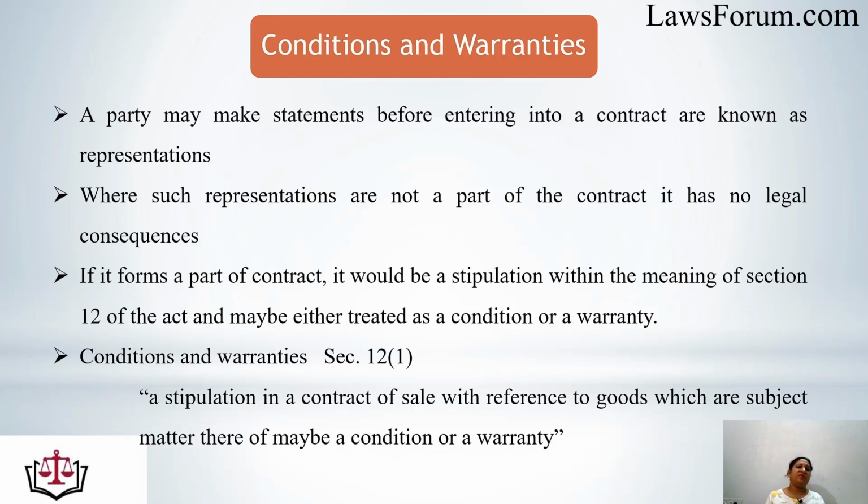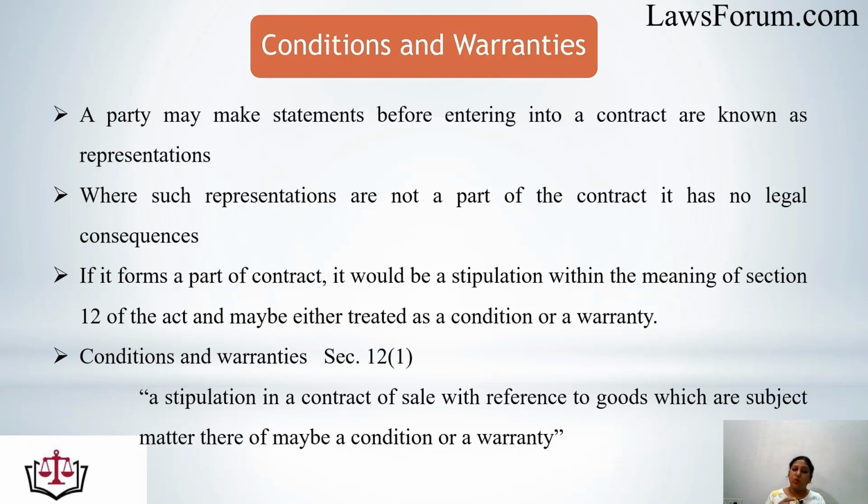When a seller sells the goods, to induce the buyer to purchase the goods, a few representations are made by the seller. The purpose of those representations is only to induce the buyer, and if such representations are not part of the contract, there are no legal consequences for that.